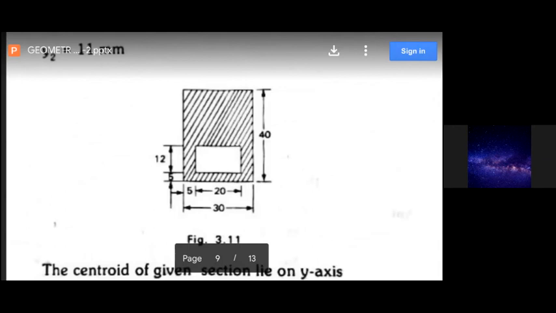So the area of the shaded area is equal to area of the whole rectangle minus area of the small rectangle. So here we can divide this into two parts, one is the larger rectangle and second one is the smaller rectangle, and our required shaded area is equal to area of the larger one minus area of the smaller one.